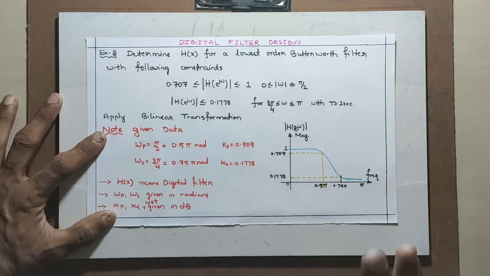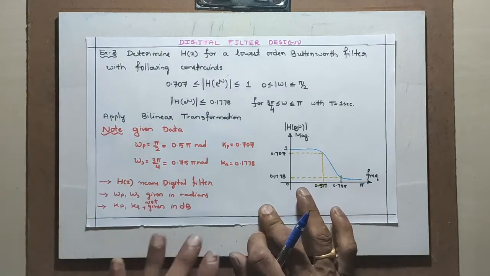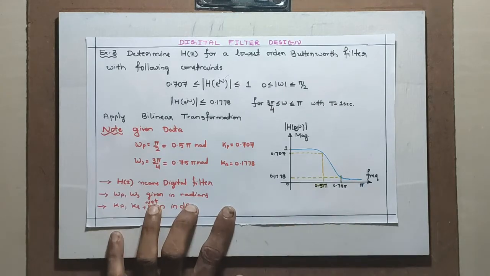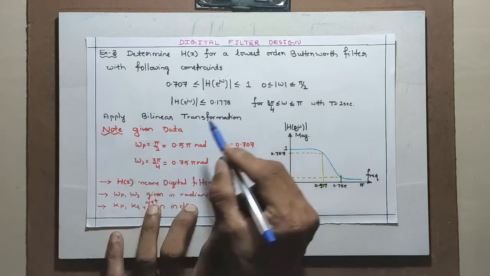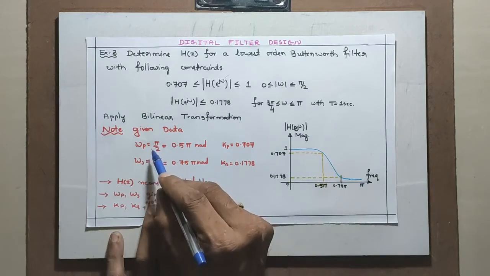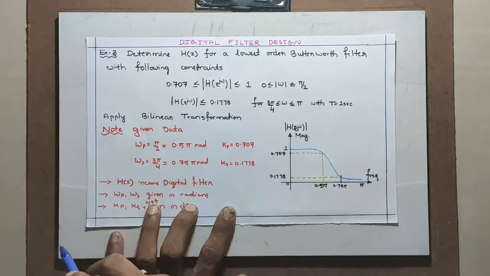First, when data is given to you, try to understand whatever is given. Then you should start solving the example. First, let us see from the data. Here ωp, the passband edge, is π/2 or 0.5π radians.